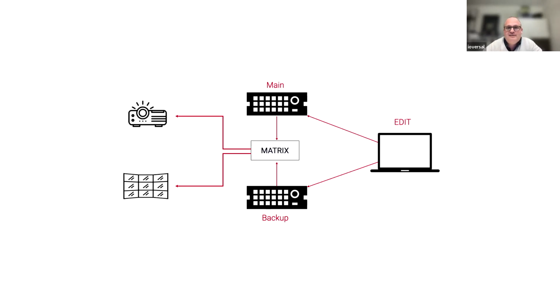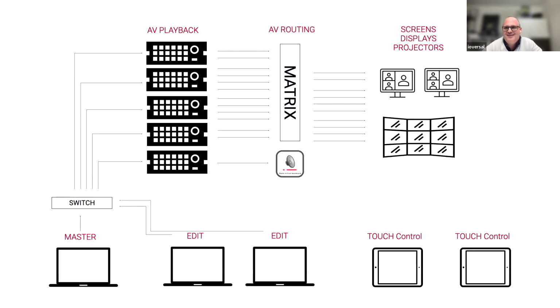And last but not least, the big setup, which we see quite often, especially in fixed installs, when it comes down to having a lot of playback machines, for example larger projection mapping setups in museums, which is just too much time for one person to do them all at the same time. So you have multiple operators working on multiple playout machines, which are then normally routed over an AV matrix and then spread out to their different destinations.